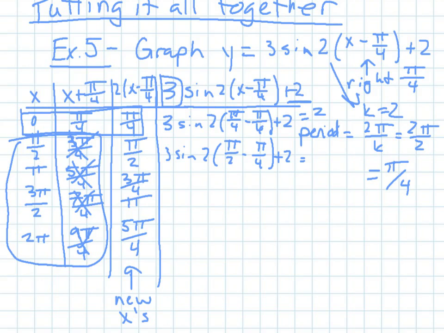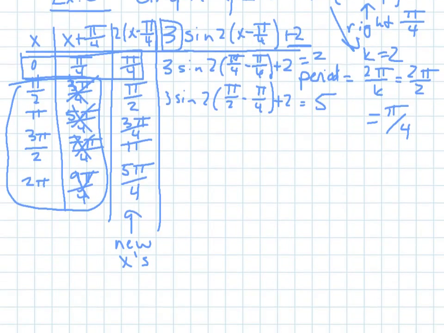Sine of pi over 2 is 1. 1 times 3 is 3, plus 2 is 5. Okay? 3 sine of 3 pi over 4 minus pi over 4 plus 2 will give me 3 pi over 4 minus pi over 4 is pi over 2. 2 times pi over 2 is pi. Sine of pi is 0. 0 times 3 is 0. Plus 2 is 2. Okay?